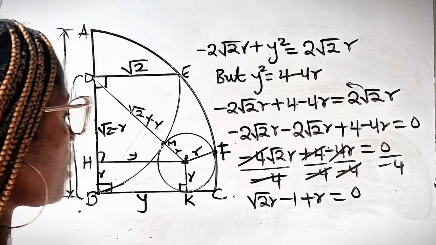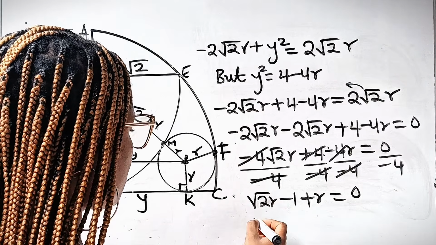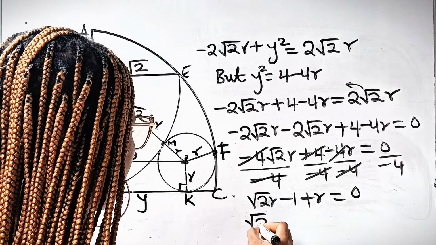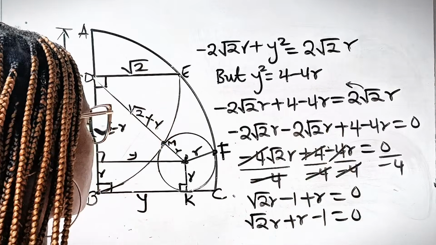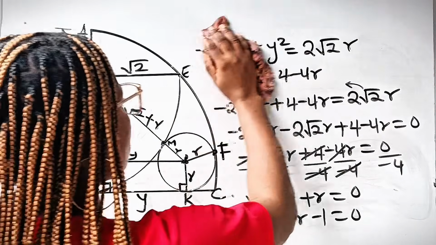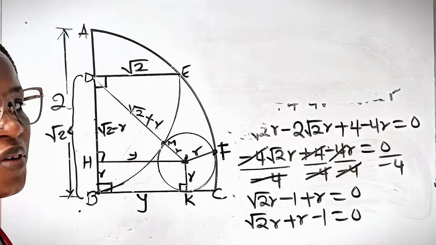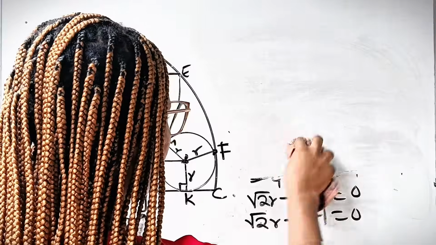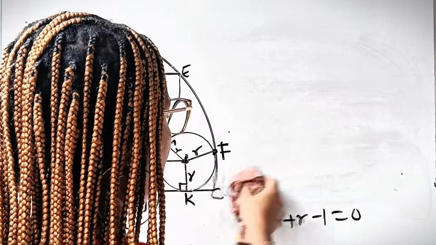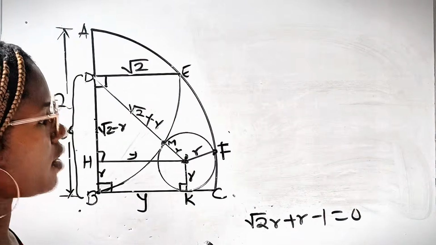All right. Now, let's write this way. Root 2R plus R minus 1 is equal to 0. Remember, we are looking for the value of R. And we are almost done. I pray I did not make any mistake.